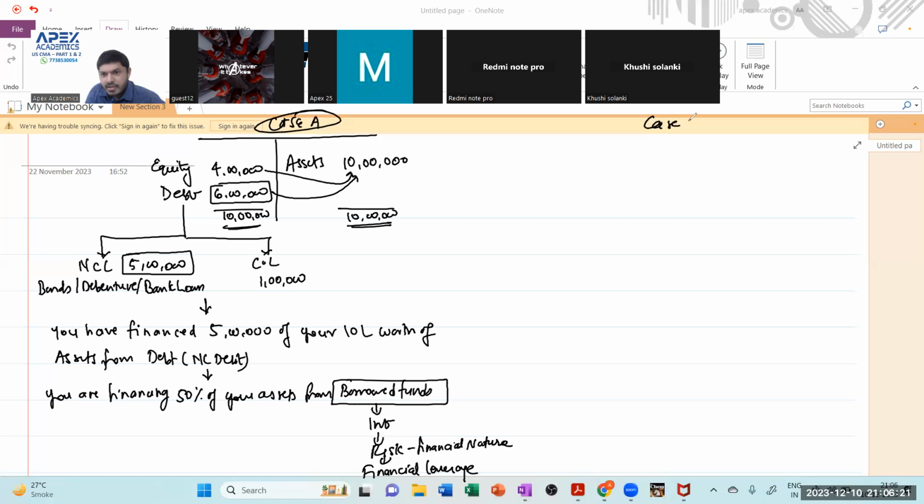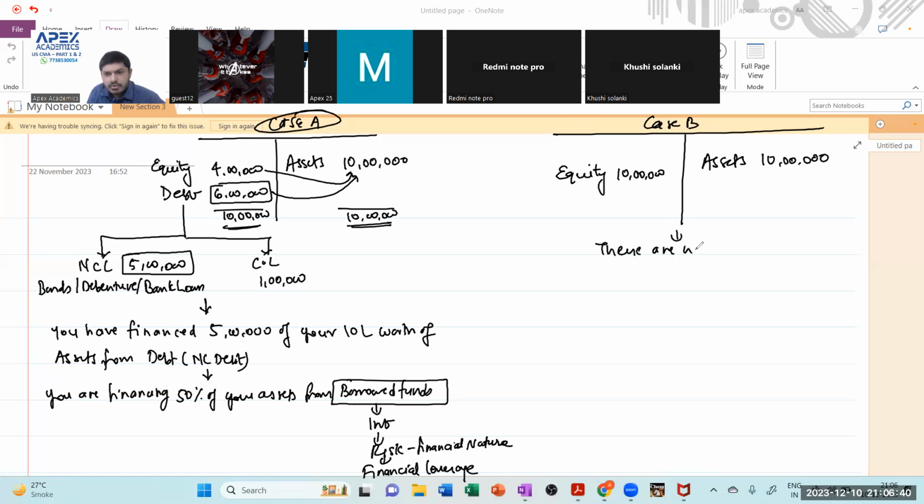Let's take a look at case B, the profiling of a company. In this case, see, this company has assets of 10 lakhs and they are all financed from equity of 10 lakhs. In this case, there are no borrowings. There is no fixed interest payment.